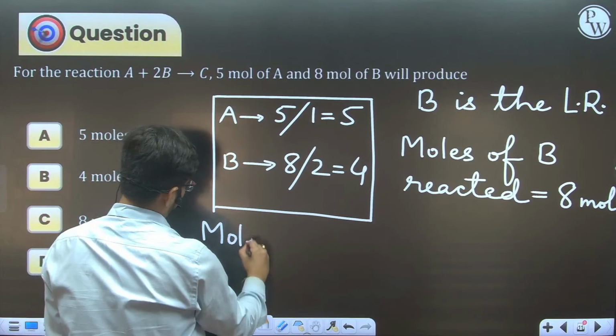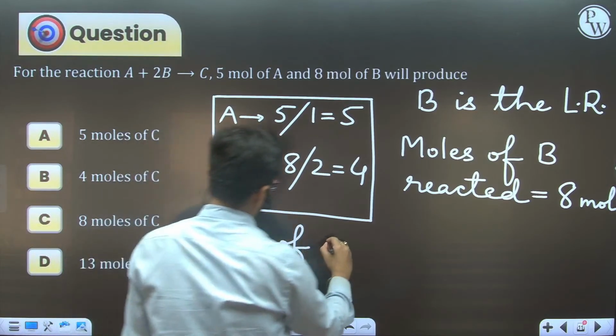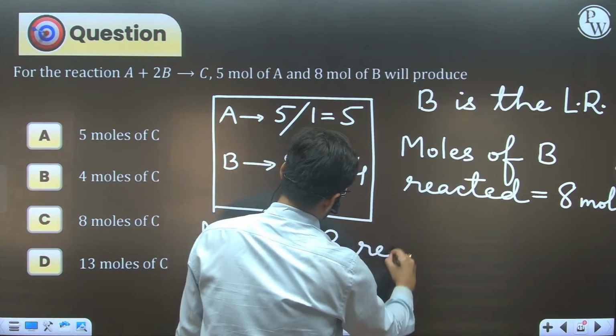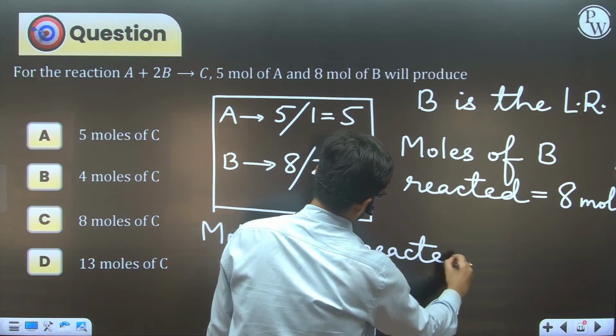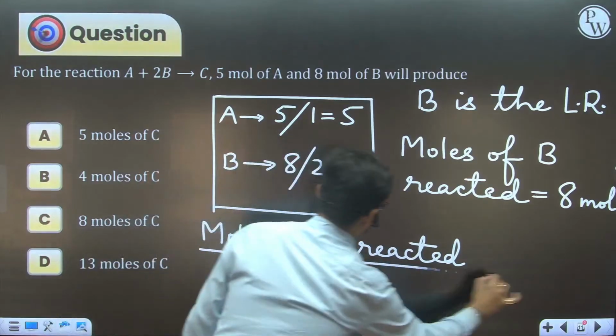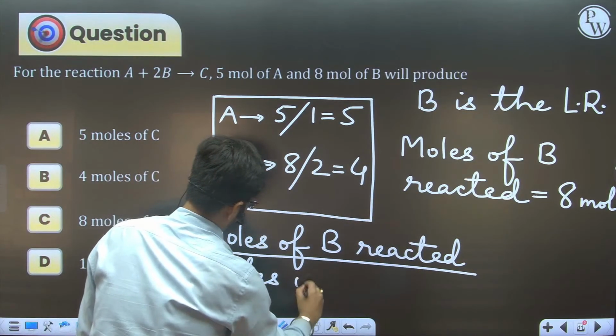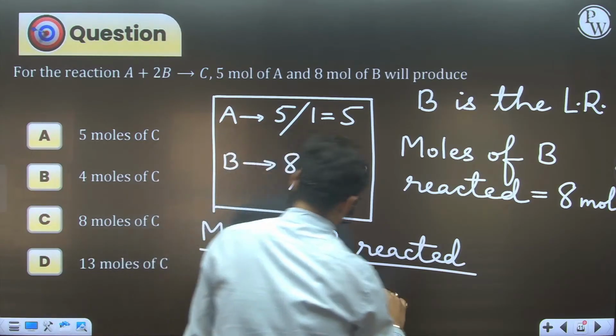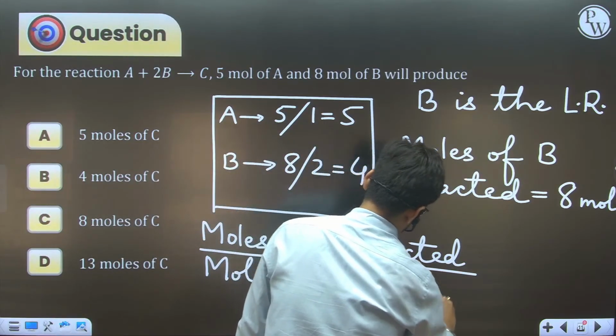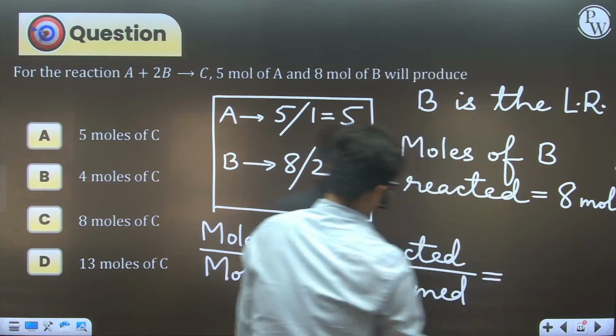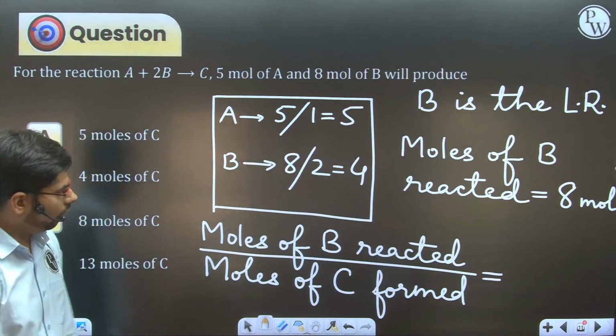Okay, so now we can find out the number of moles of C formed. So I can say moles of B reacted upon moles of C formed is equal to the ratio of the coefficients.